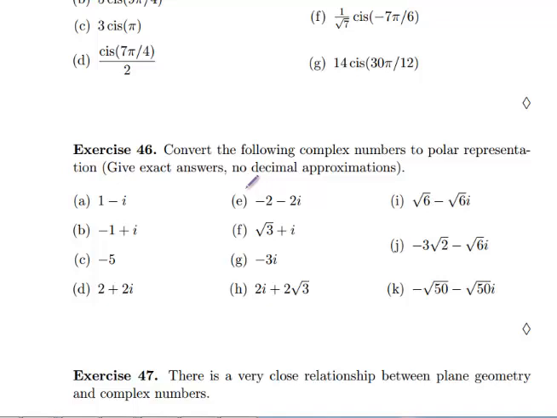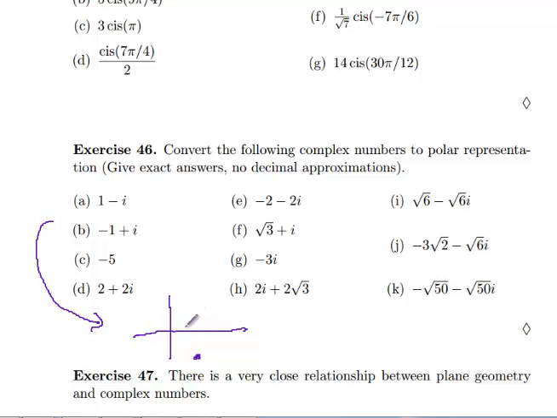Now, to go backwards, you simply draw the picture again and work out the angles. For instance, 1 minus i means I go 1 along the x-axis, or real axis, and minus i along the imaginary axis. So what I'm going to have to figure out is the angle of this point from the x-axis.